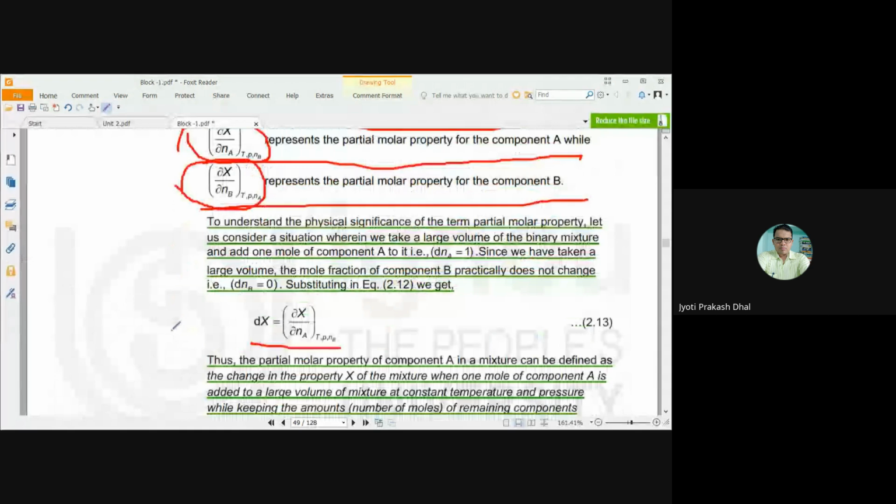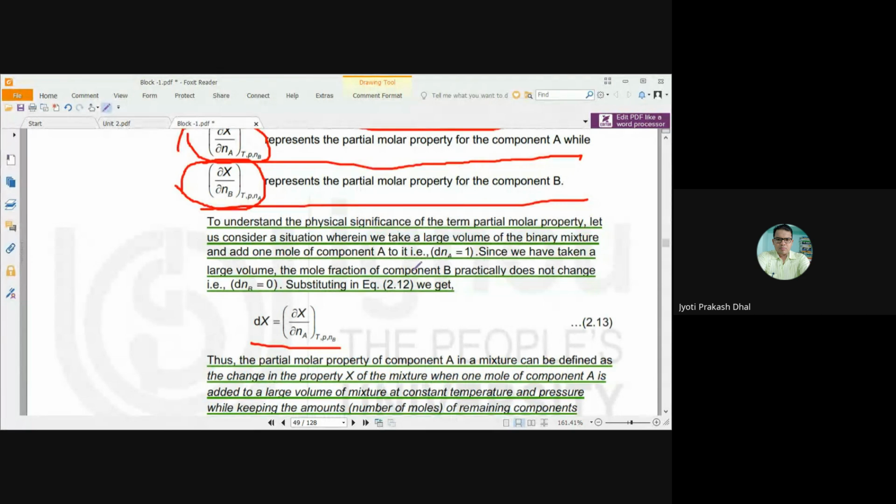Now, to understand the physical significance of the term partial molar property, let us consider a situation where we take a large volume of a binary mixture of A and B, and to that mixture we add just one mole of the component A. Then the change in number of moles of A, that is dNa, will be equal to 1.